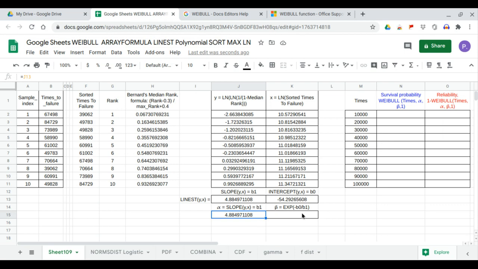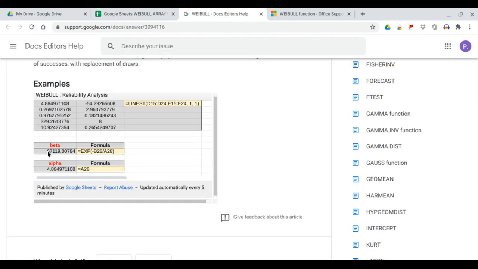So it is the exponent of negative intercept divided by the slope. And our beta is 67,119. So we got the values of alpha and beta.